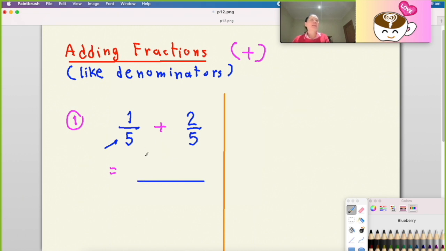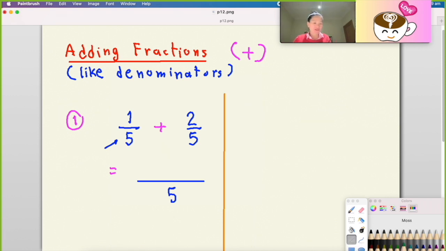What is the denominator? The bottom number. What is it here? Ten? No, the denominator is the same one, it is 5.